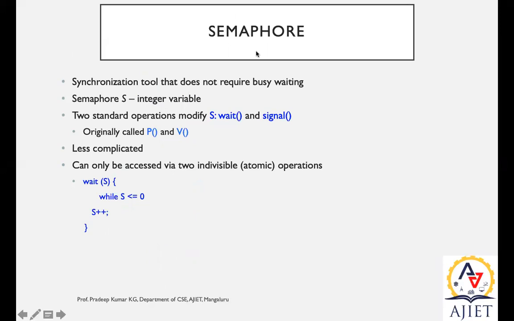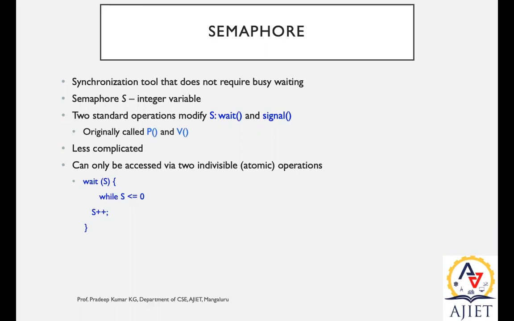Actually, a hardware-based solution for this critical section problem is usually a little inefficient and troublesome because of its complexity. So operating system designers generally build a dedicated software tool to solve this critical section problem.